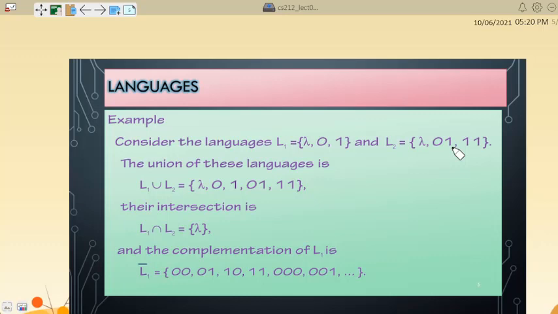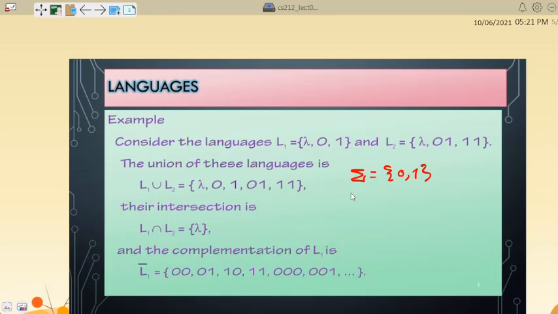Then we have L bar. L1 bar means the complement of L1. For this example, we say our sigma is equal to {0, 1}. Then our sigma star is {0, 1} star.